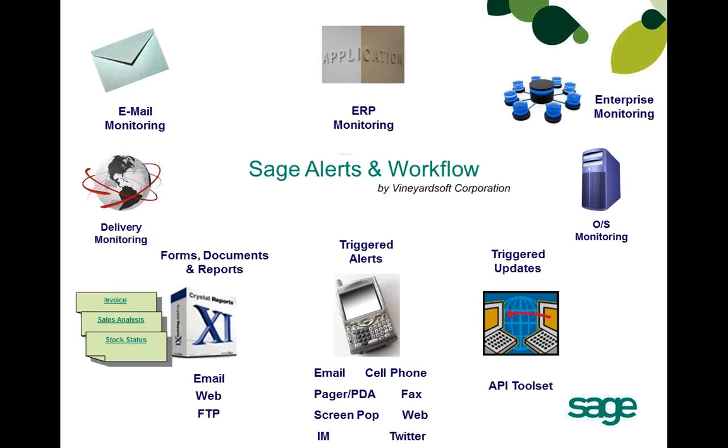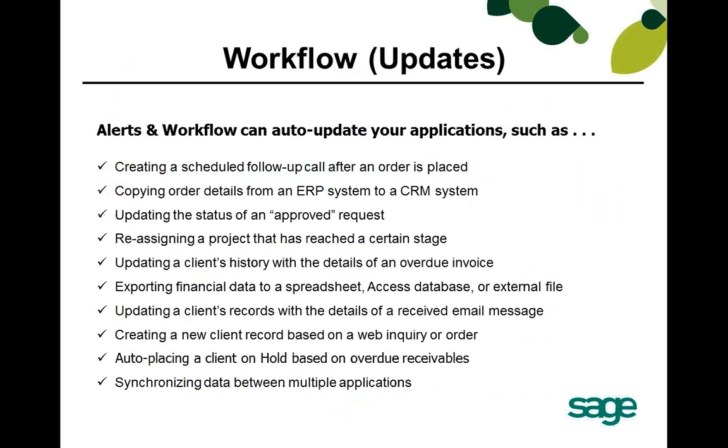And finally, the last component of Alerts and Workflow is its ability to perform triggered updates, truly the workflow part of Alerts and Workflow. The example from earlier in today's presentation: if a customer is overdue, let's have Alerts and Workflow actually go back into our Sage ERP application and put that customer on credit hold, so no additional orders are processed for them.